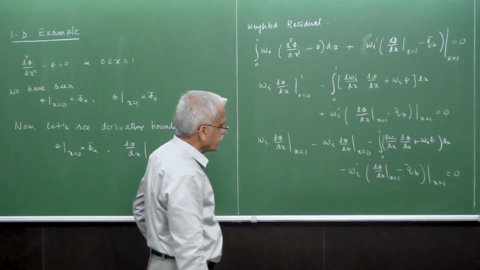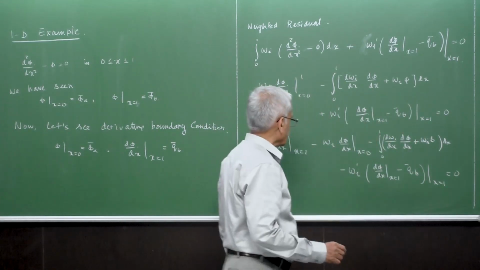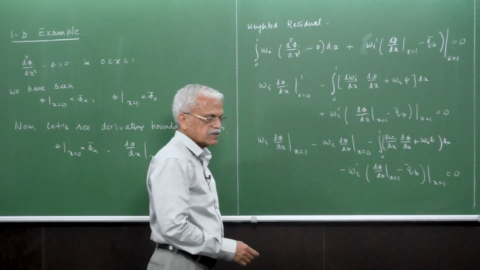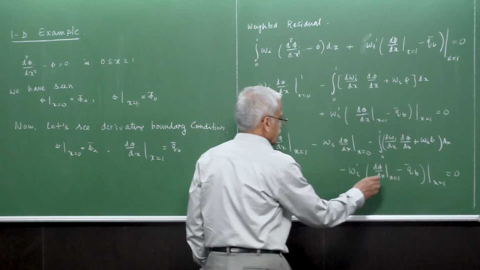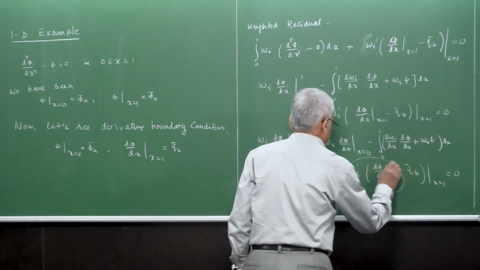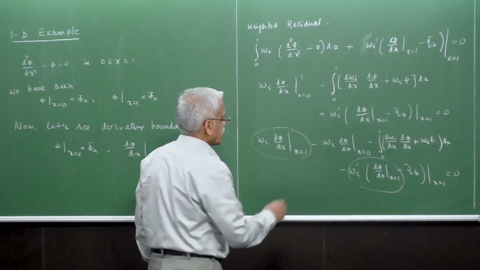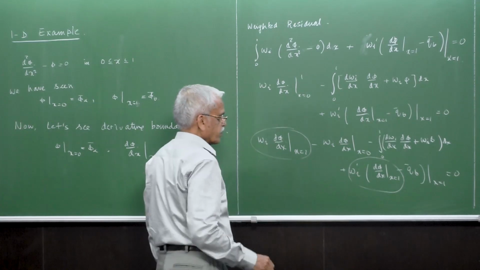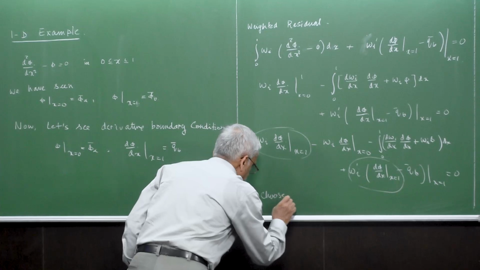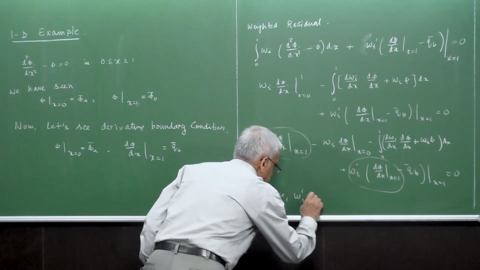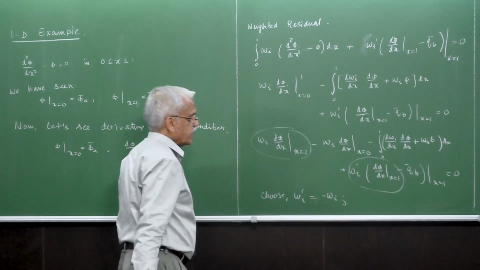What we would like to do, as usual, is cancel one of the derivative terms here. So we can cancel this term here and this term here by appropriately choosing Wi prime as minus Wi, that's number one. And what else?